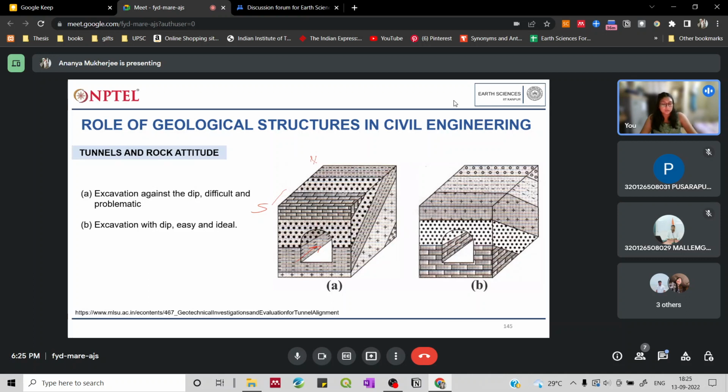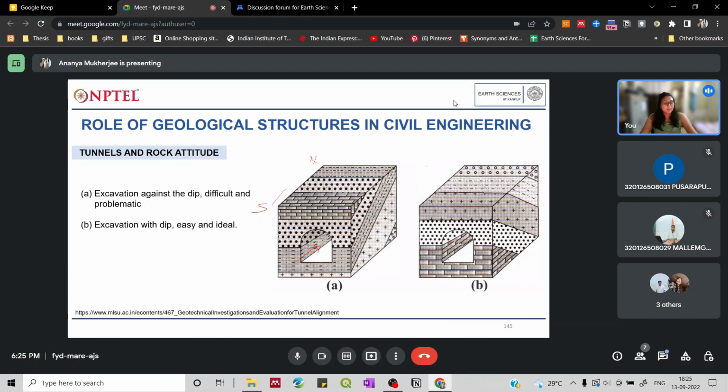This is going to be slow, and problematic, because suppose you're excavating and one of the rock beds, suppose the bedding plane is pretty weak, it has been already damaged. Then the rock might slide, and you would have a problematic condition over there.